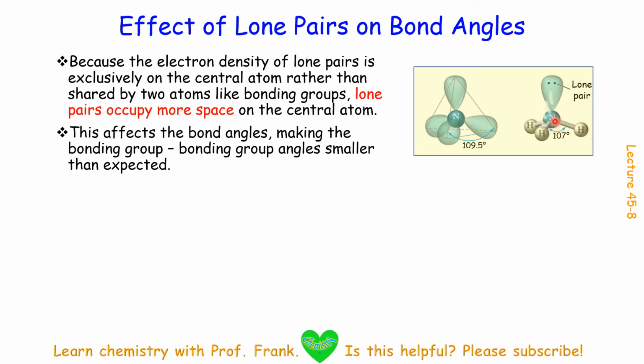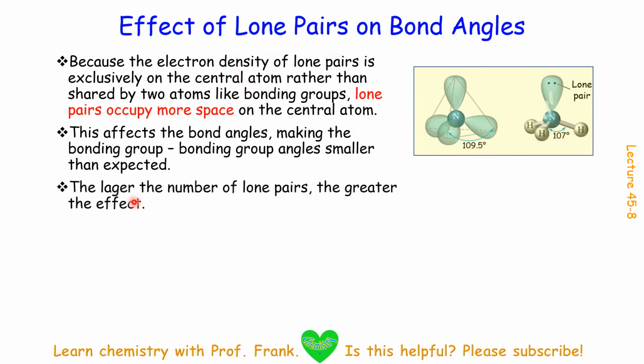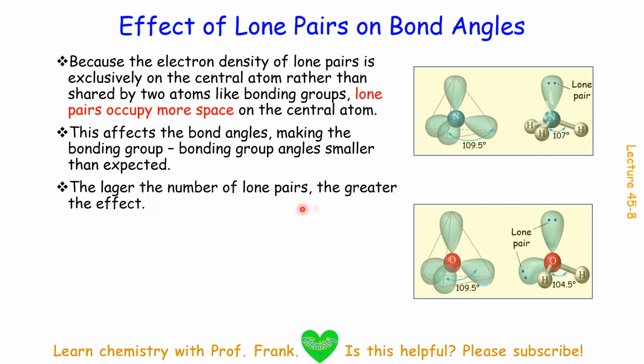So the molecular geometry is trigonal pyramidal, and the bond angle is smaller than 109.5 degrees. That's because of the effect of the lone pair. The larger the number of lone pairs, the greater the effect. So here there is 1 lone pair in the ammonia molecule. Therefore, this bond angle is 107 degrees.